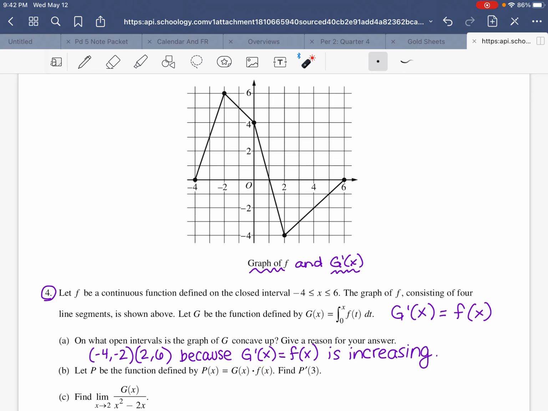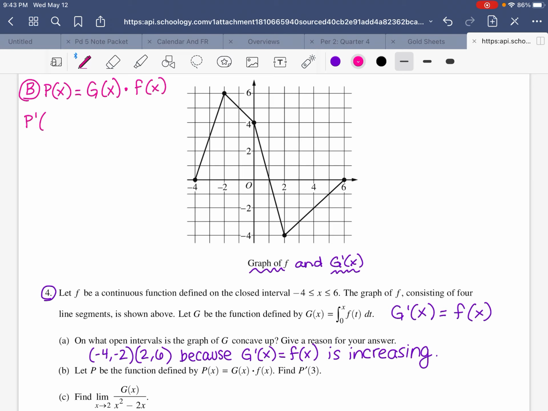Okay, part B says, let p be the function defined by g of x times f of x. Find p prime of 3. So I'm going to do part B up here so that I can keep this graph kind of large for you all to see. So it says that p of x is equal to g of x times f of x, and we are asked to find the derivative at 3.